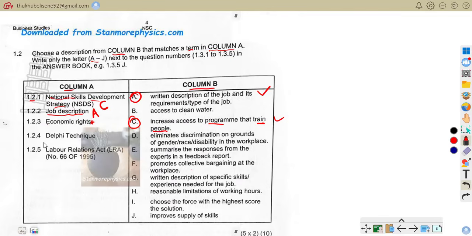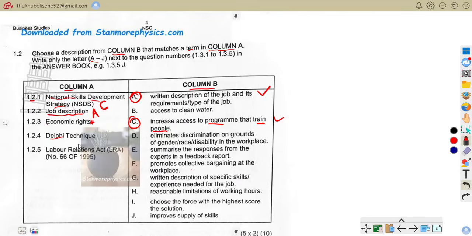So let us move on to 1.24, Delphi technique. So Delphi technique, good people, is a forecasting method using experts' opinions. Where we have a problem and want to solve it and we don't have previous data or experience, we are going to make use of this method, the Delphi technique.